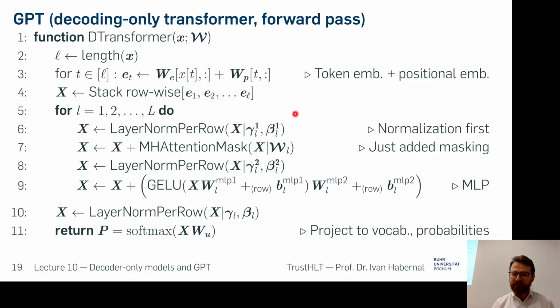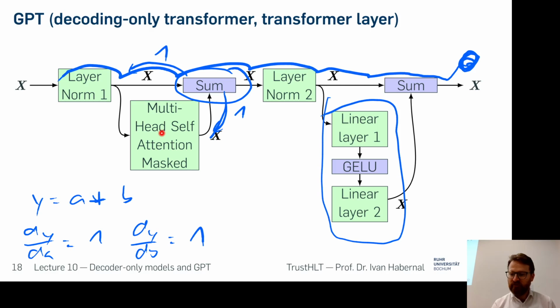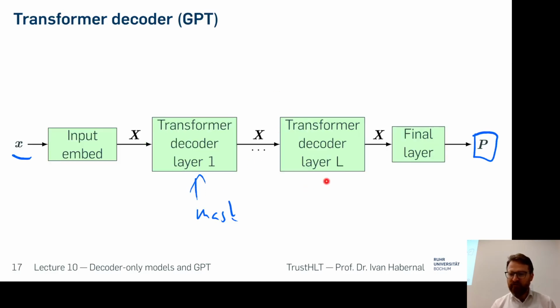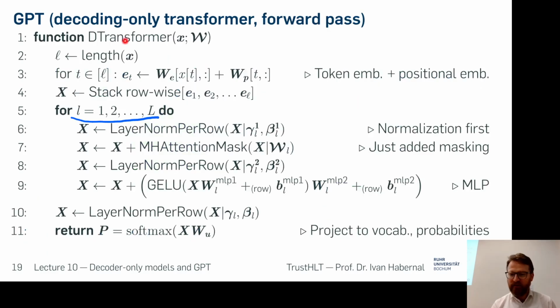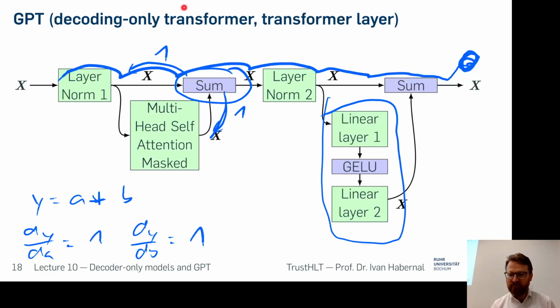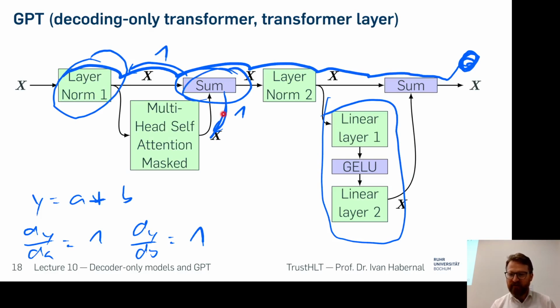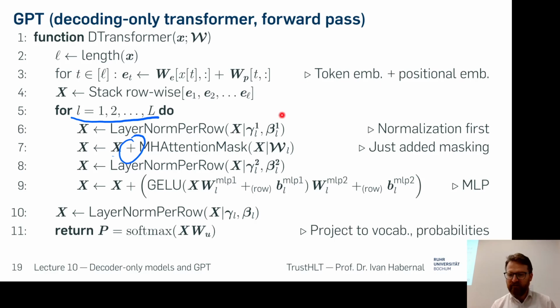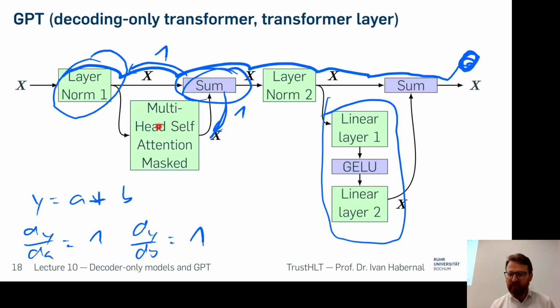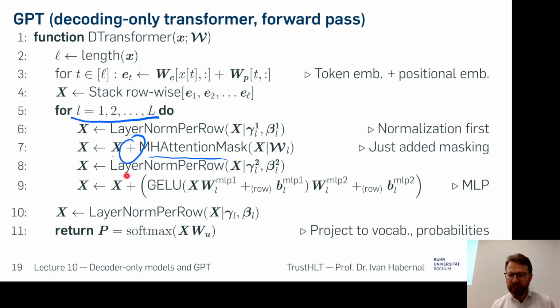But what we see here, we go through all these layers, so layer 1 until layer L. In each layer, we have this layer normalization first. Then we have the residual connection, so we're summing up the x plus the output of the masked multi-head self-attention. Good. Then there is another layer normalization.